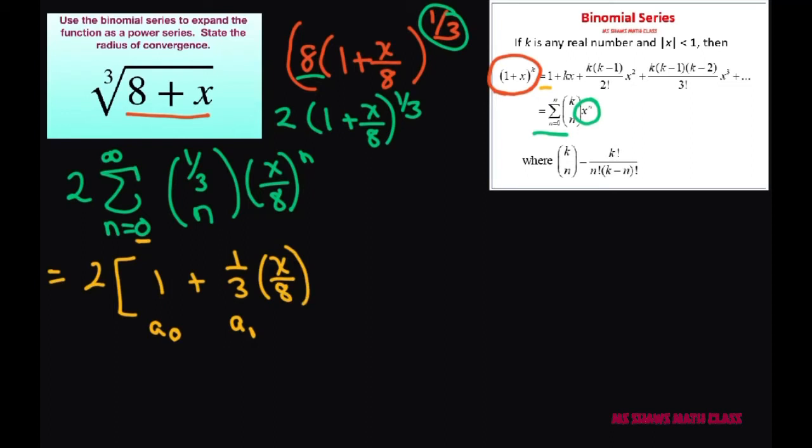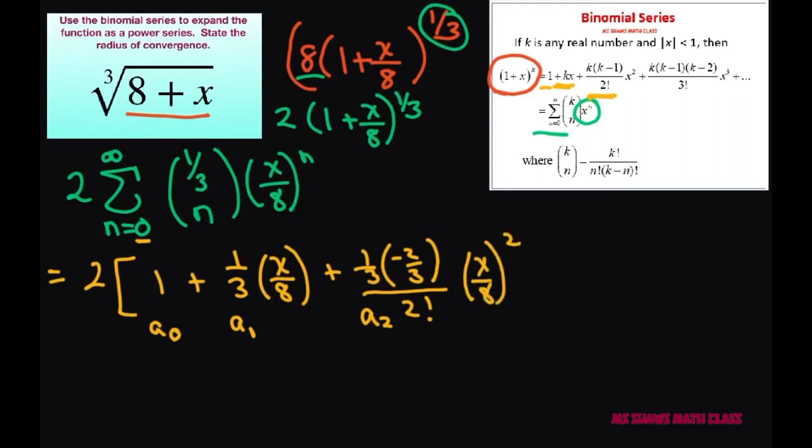All right, and then that's just the k times x. And then you're going to have your next term, which is a sub 2, and that's going to be right here. That's going to be 1/3 times 1/3 minus 1 is negative 2/3. And that's over 2 factorial times x divided by 8. And then it's squared for that part.